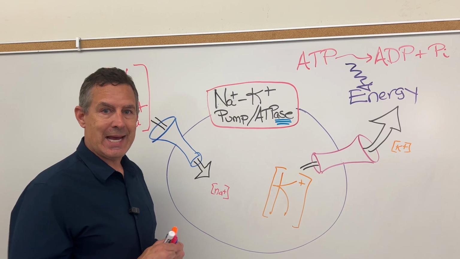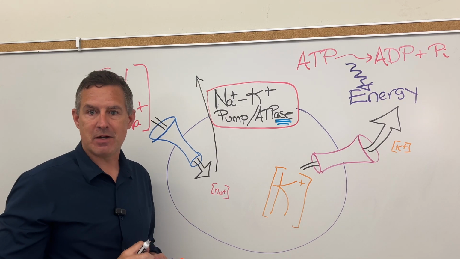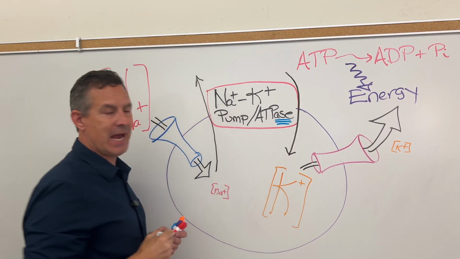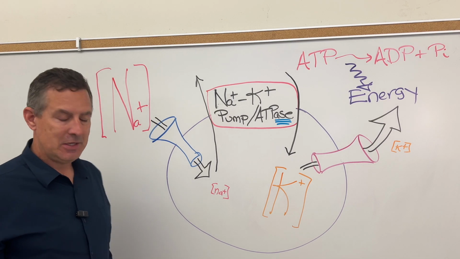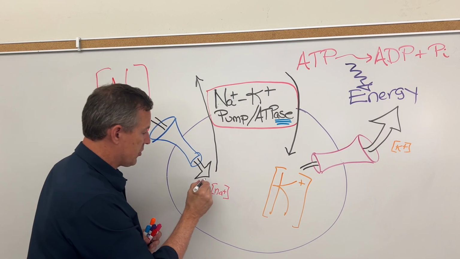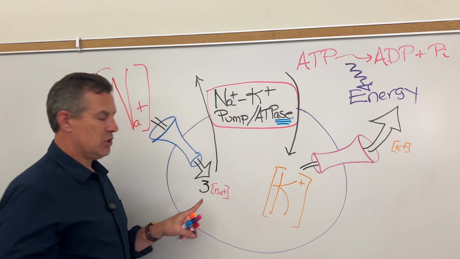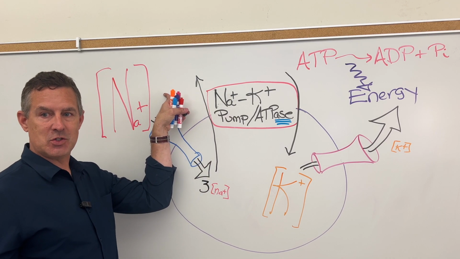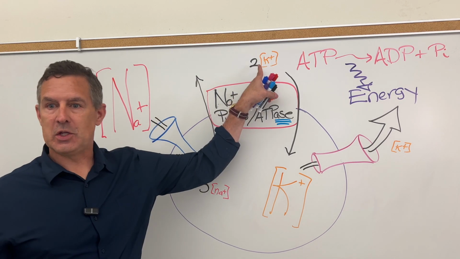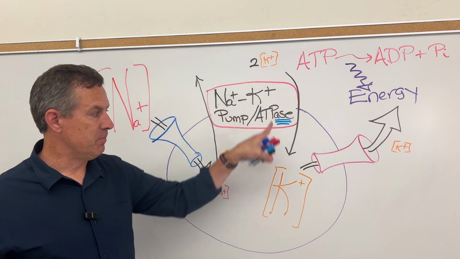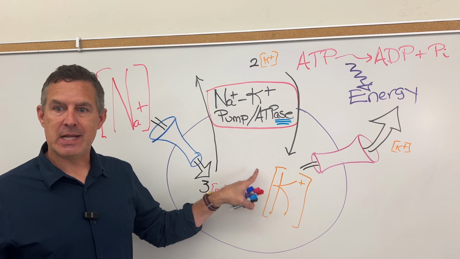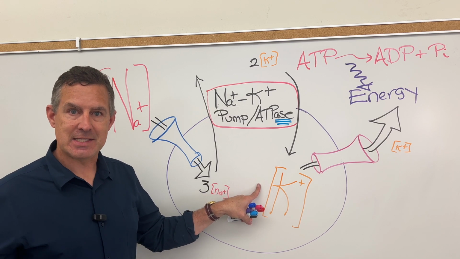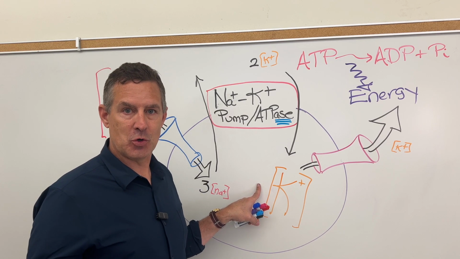So what we get is sodium being pumped out of the cell and potassium being pumped back in. Three sodium get pumped out of the cell back into the extracellular fluid in exchange for two potassium that get transported back into the cell against its chemical gradient.